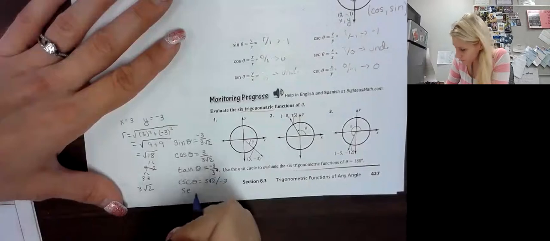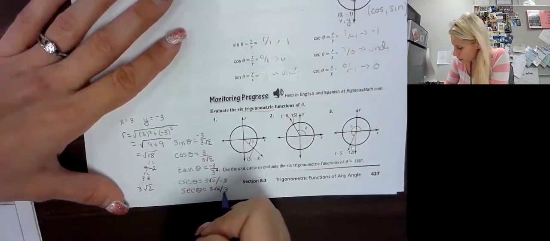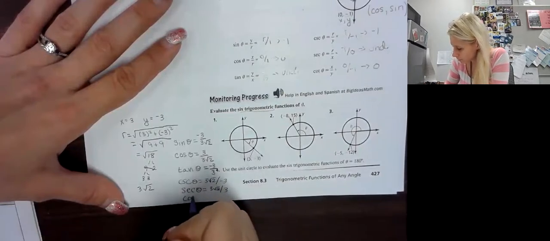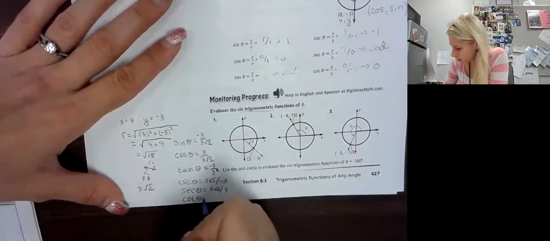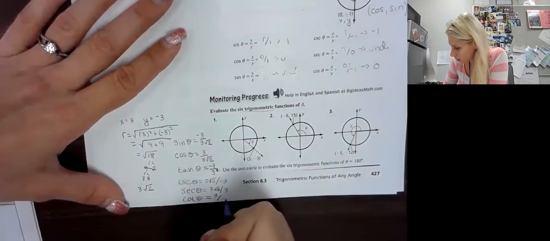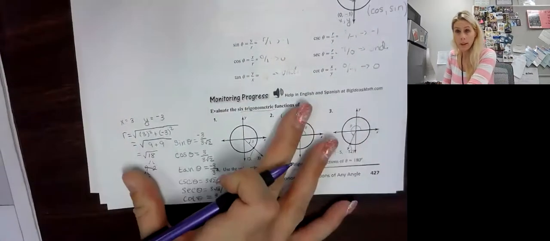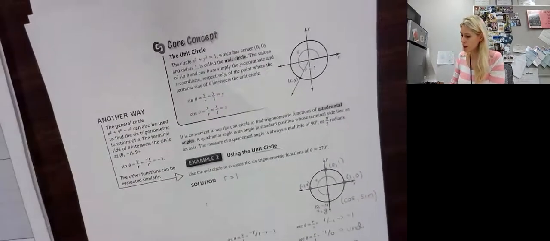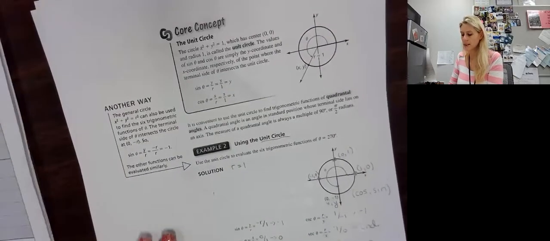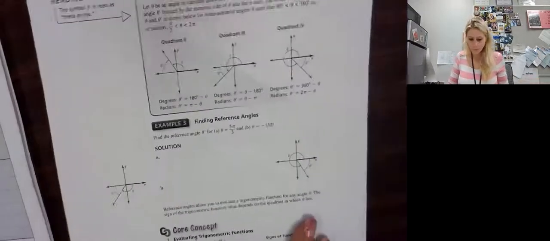Secant theta is r over x. And cotangent is x over y. Awesome. So that's what we have to do when we're evaluating 6 trig functions from a coordinate pair.